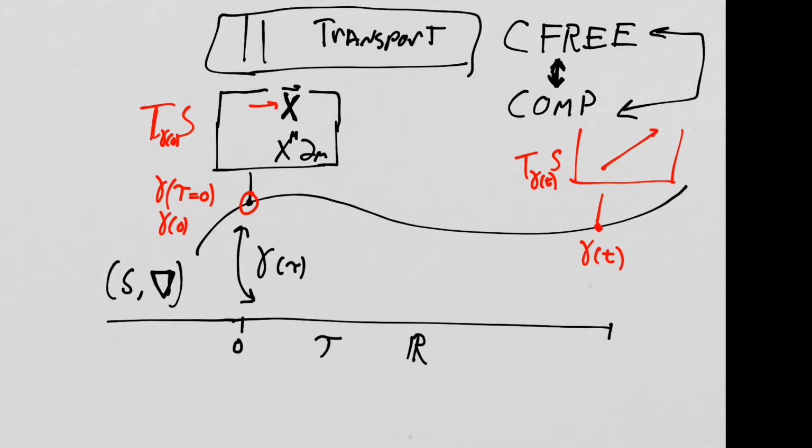But the connection is all I need to know to parallel transport a vector from this point to this point. I don't need the metric. Eventually we'll talk about, and as I've mentioned before, the metric defines a connection that will do just fine to determine parallelism, and that is the foundation of how it's used in general relativity. But in the meantime, until we have a metric, as long as we have a connection on the space-time of some sort, we can execute this parallel transport.